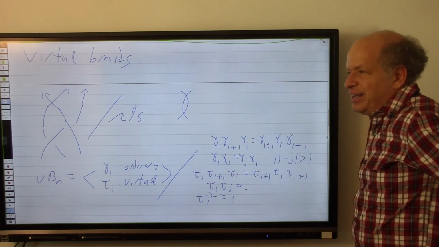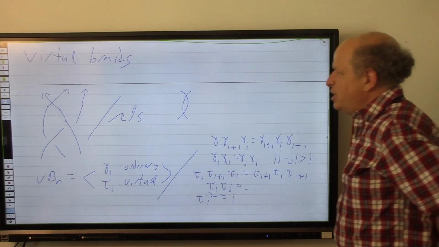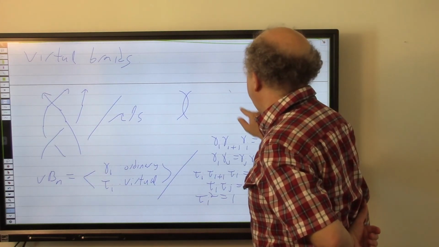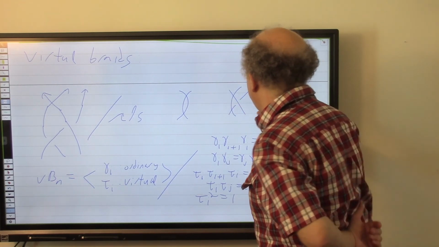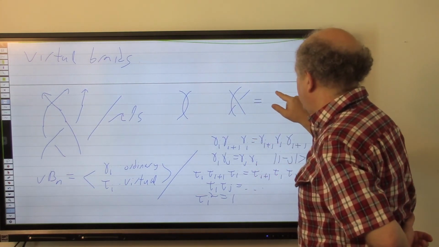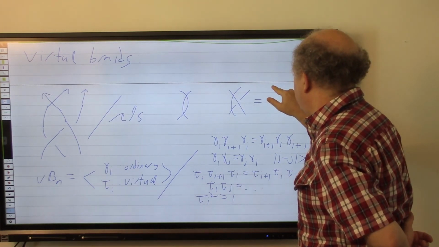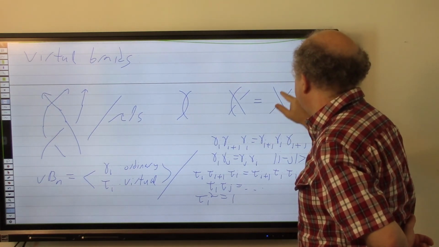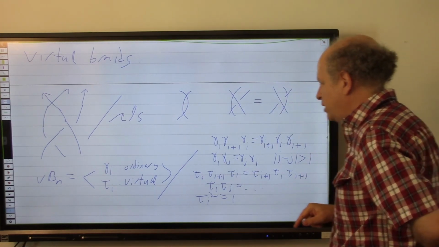And finally, there is a mixed relation. So this is equal to that. That's not the forbidden move, that's the allowed one, the mixed one.